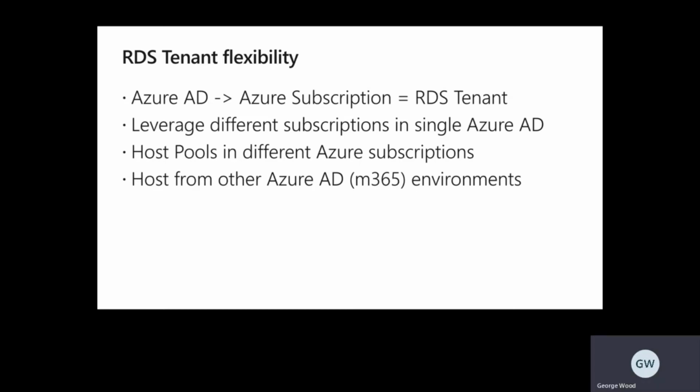One interesting point is that you can host from another Azure Active Directory, and a good example of this is how I've got my demo environment set up. I've used one of the demo tenants available from demos.microsoft.com, or cdx.transform, I think it's called now, and effectively that Microsoft 365 tenant has all the right licenses, so I get the license entitlement from it, and I get all of the users with the full Microsoft 365 story behind it.